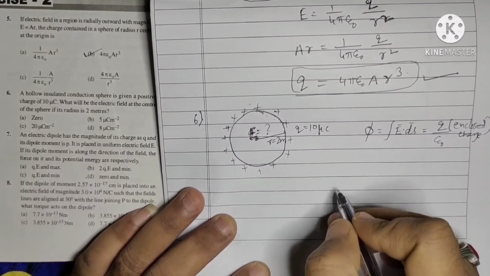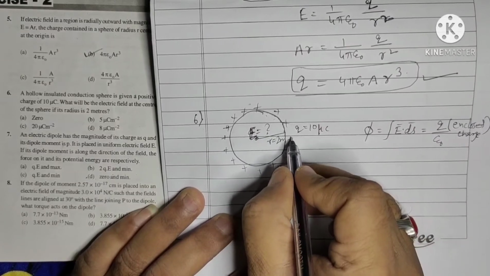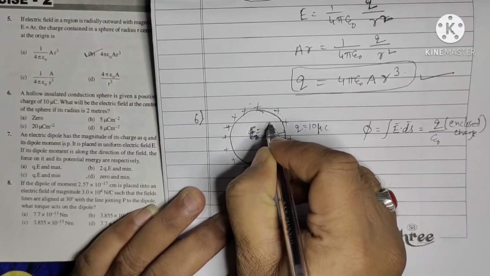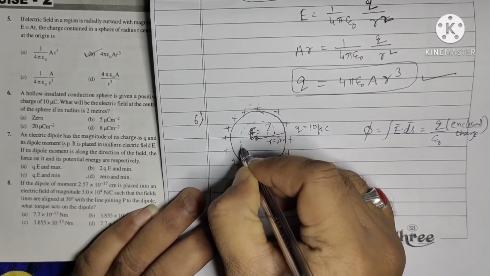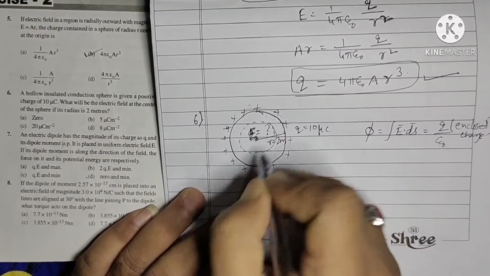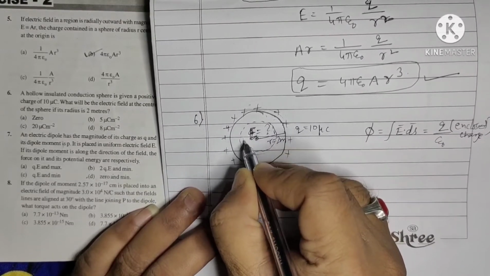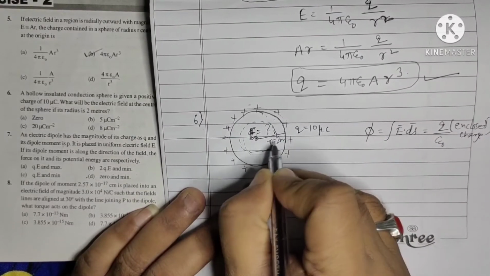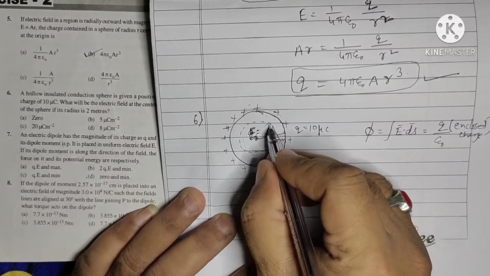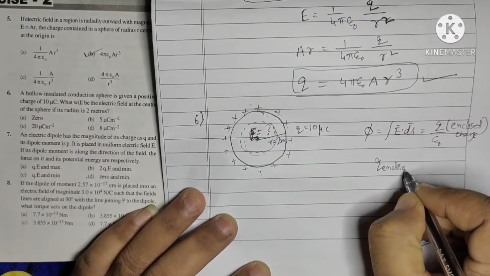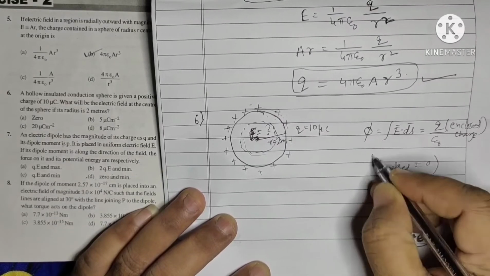So it is very clear that the charge is only outside the surface. If I consider any small Gaussian surface inside, is there any charge in this surface? No charge. Hence Q enclosed is 0.